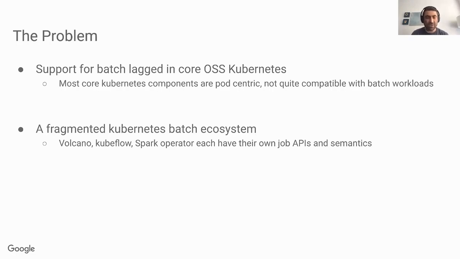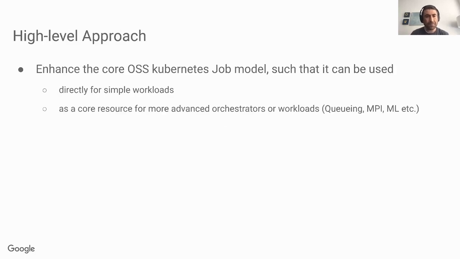For example, when users want to create a job, if they installed Volcano, which is a batch scheduler, then they have to use the Volcano job API. Same thing with Kubeflow or Spark operator. Everybody has their own job API with their specific semantics. Next slide, please.